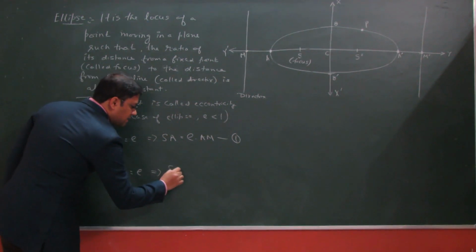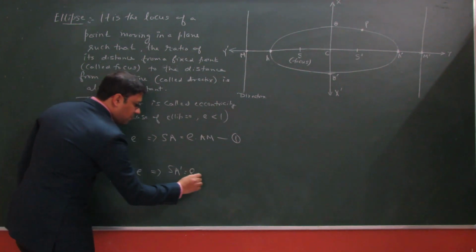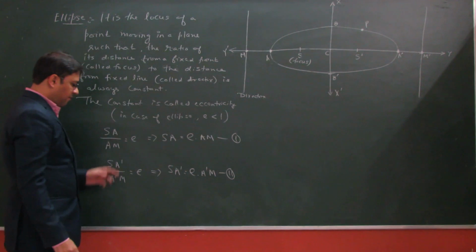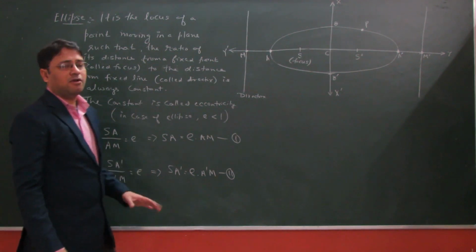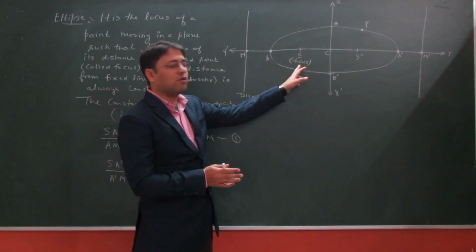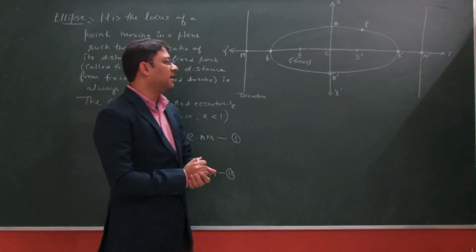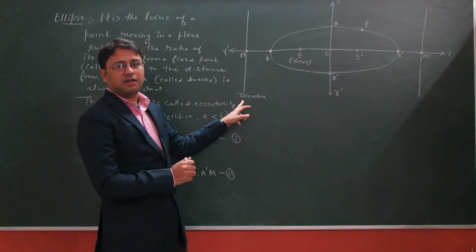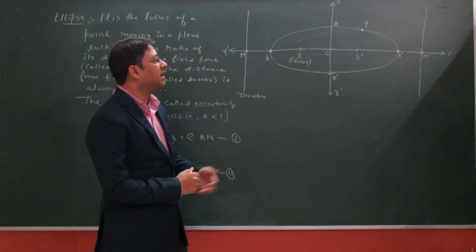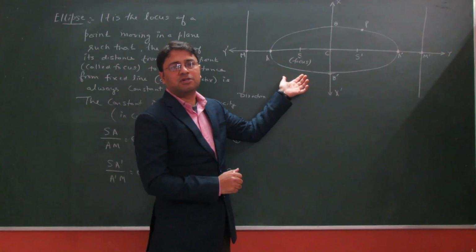So we get SA dash is equal to e times A dash M. Now from these two equations, first we are going to find the coordinates of the focus, then the equation of the directrix, and from there we can go on to derive the standard form equation of the ellipse.